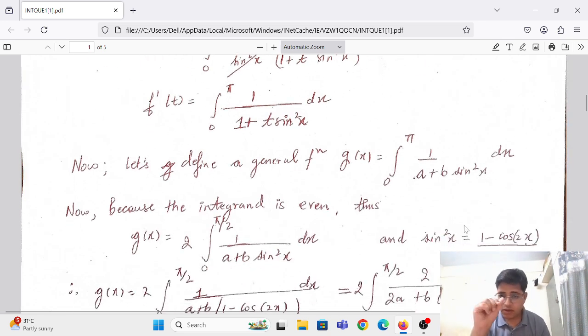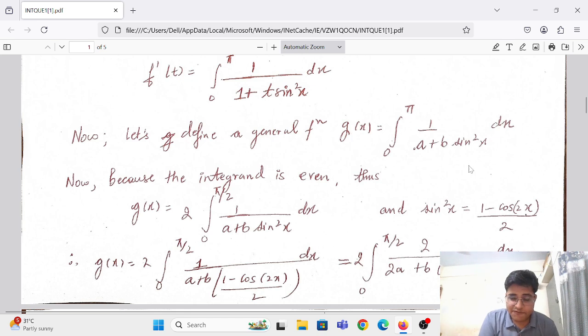Now if we are able to find the value of this integral, and if we substitute a over here as 1 and b over here as t, then we'll get our f prime of t. So we need to find f prime of t, which is this integral. That could be found if we are able to find the integral of this general function.